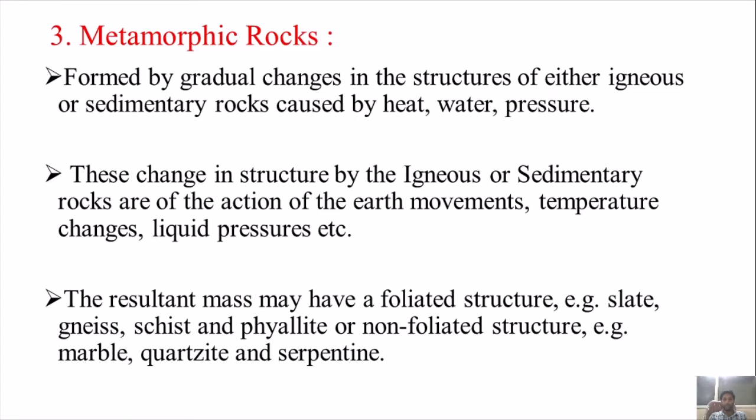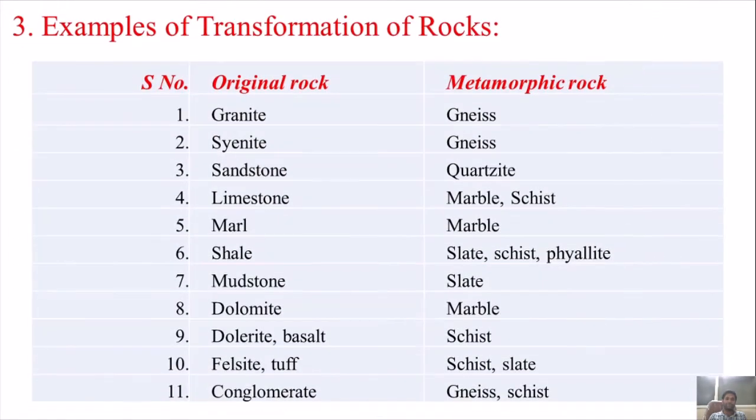Metamorphic rocks are formed from the igneous rock or sedimentary rock due to the change in the atmosphere of the rock, like heat, temperature, pressure or any other additional natural agencies. So that is how the metamorphic rock forms.